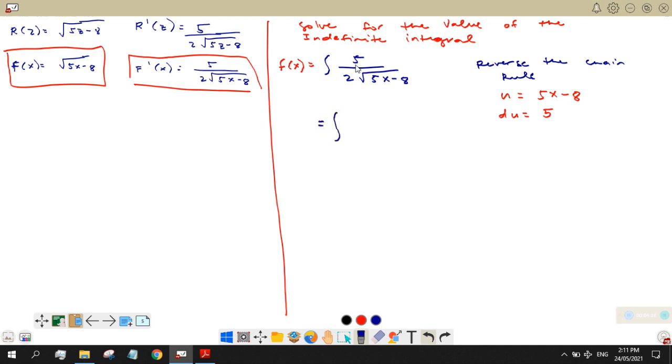Saan equal si 5? So, si 5 ay equal kay du. So, sulat natin dito sa taas, du over 2. So, 2 pa rin siya. Hindi naman siya special. Wala siyang involvement dito sa u at saka sa du natin. But for the inner function, you can write it as the square root of u.